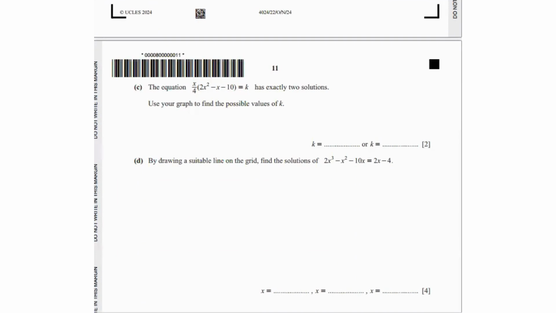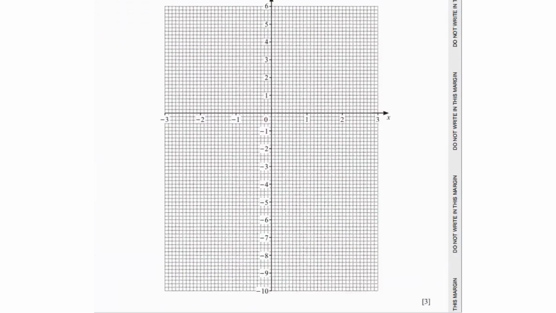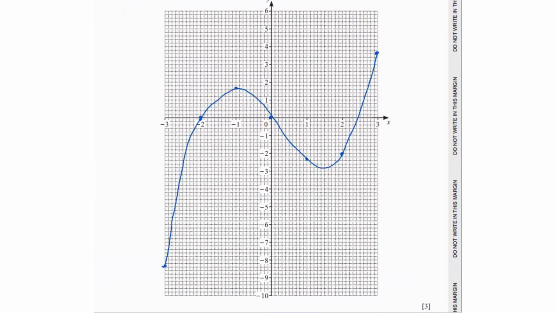Okay. So first, let's find the values of k where it has two solutions. We can say these are the two solutions, or we can even use the minimum point over here.